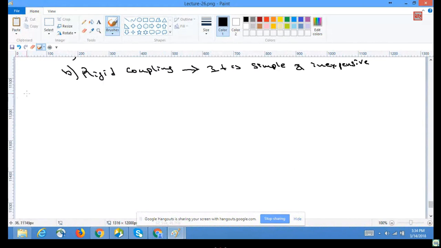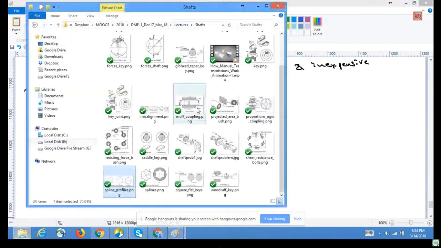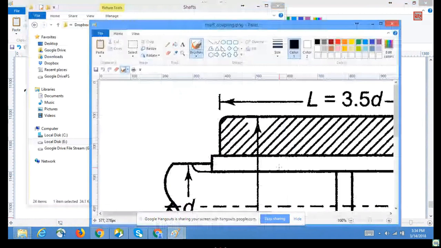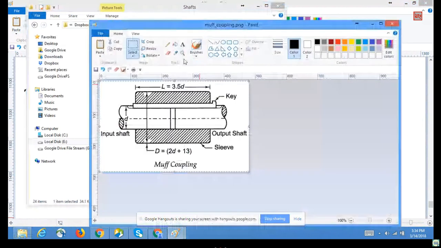The types of couplings are like a muff coupling, which will look like this.